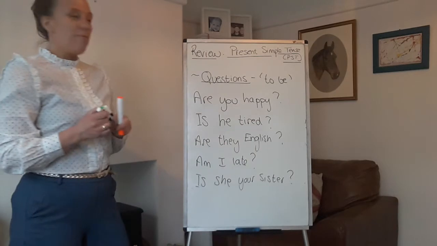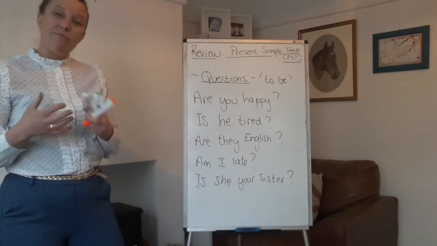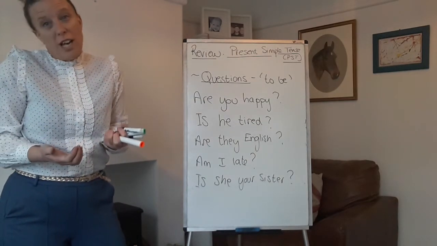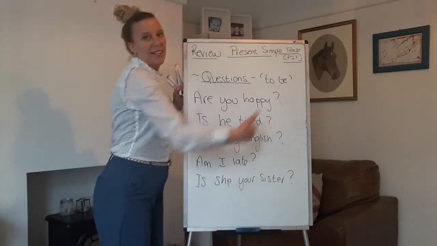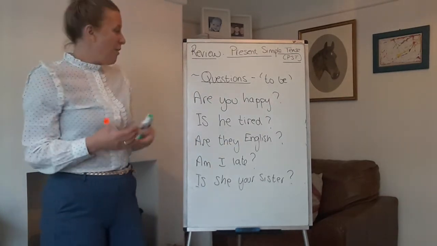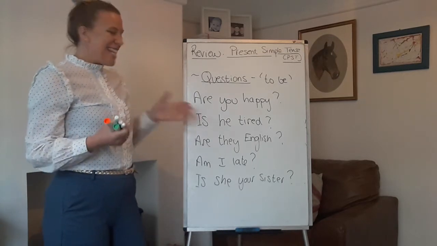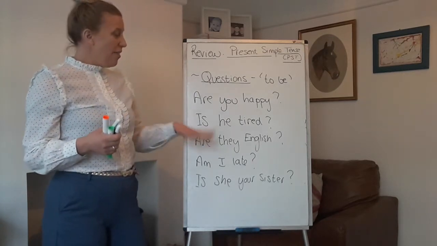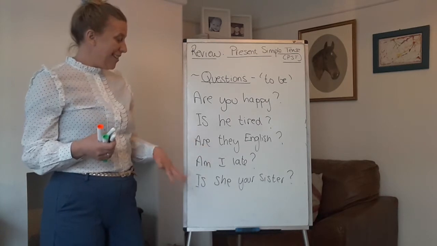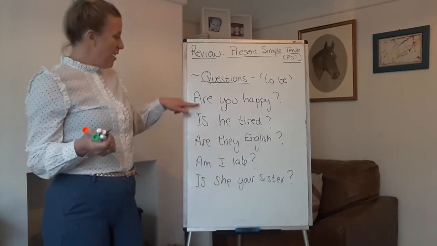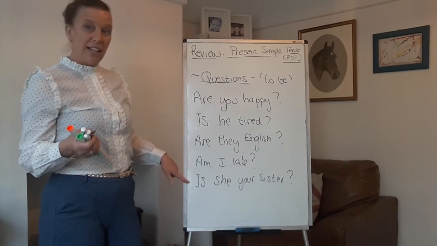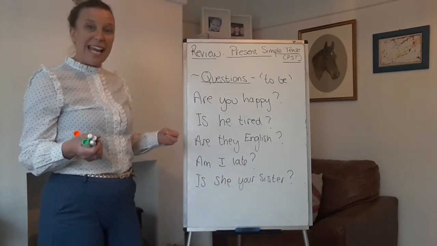So we've got the verb to be. When we do questions in the present simple with the verb to be, we don't use do or does. We use the verb to be plus the subject and then whatever we're going to ask. So, are you happy? Is he tired? Are they English? Am I late? Is she your sister?